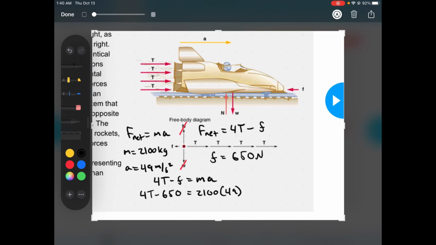So first things first on the right, that 2100 times 49 is 102,900. We're going to add 650 to both sides.